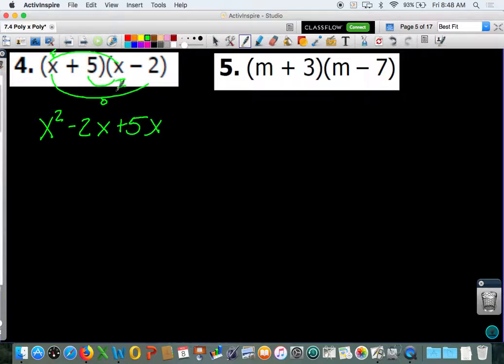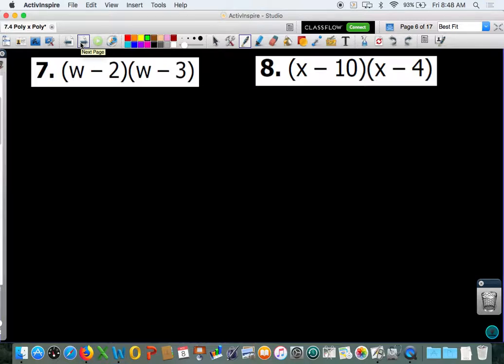That's my I. And then my last, 5 times negative 2, gives me negative 10. Combine those like terms, and I get x squared plus 3x minus 10. Number 5 will be done the exact same way.